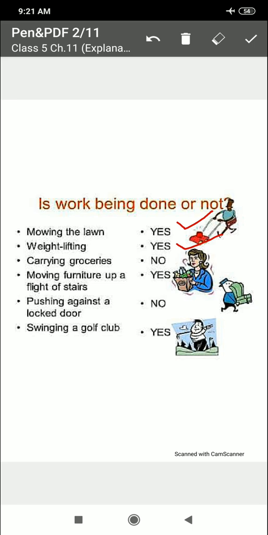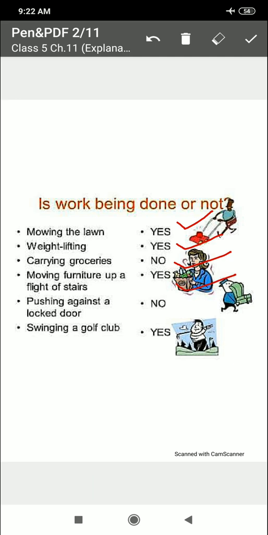Carrying the grocery means holding the grocery but standing at the same place. That means there is no movement from one place to another. So that means no work is done. Next is moving furniture up a flight of stairs. When we are climbing up the stairs or we are moving any object up or down the stairs, that means we are moving the object from one place to another. That means work is done.